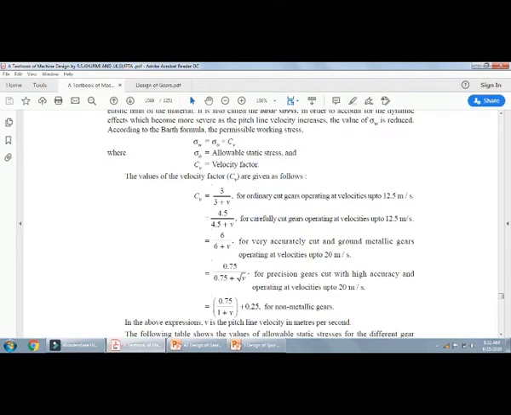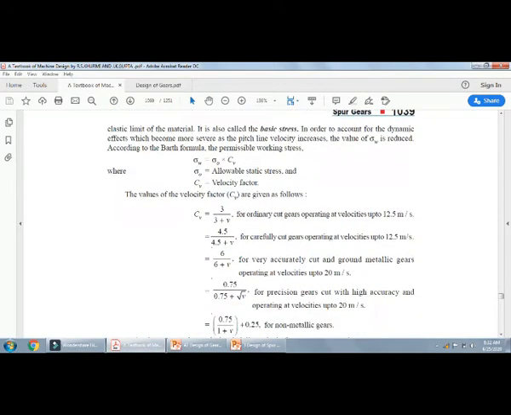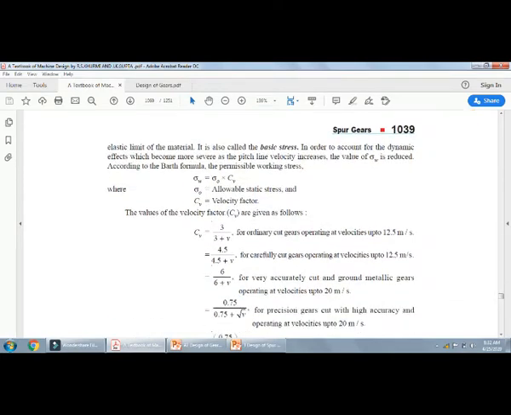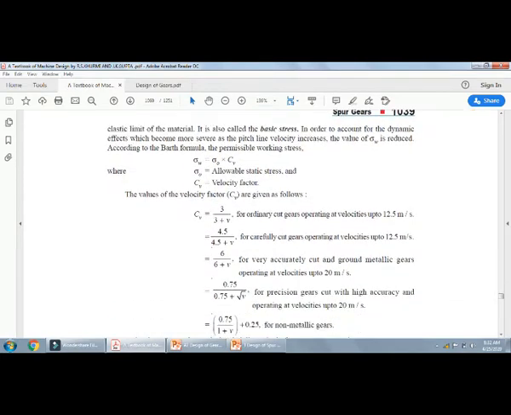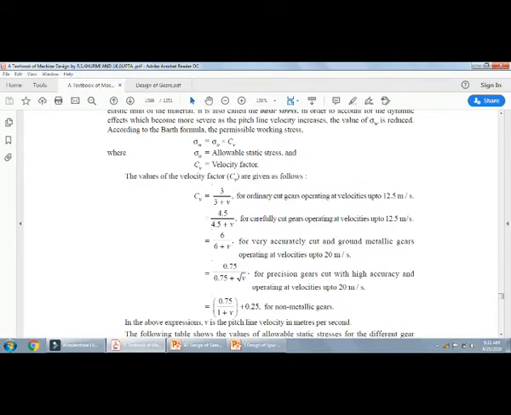In the book by R.S. Khurmi, Cv is given at page 1039. Cv is equal to 3 by 3 plus V, and so on. These values depend upon the velocity of the gear as well as the pinion, and there are 4 or 5 different parameters.